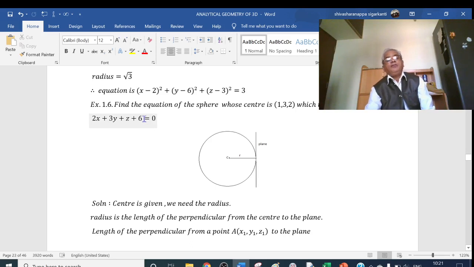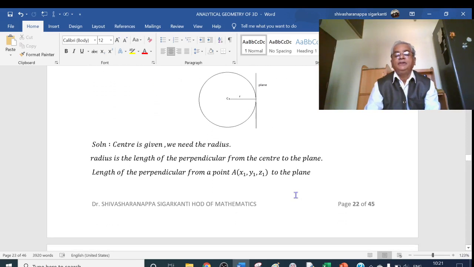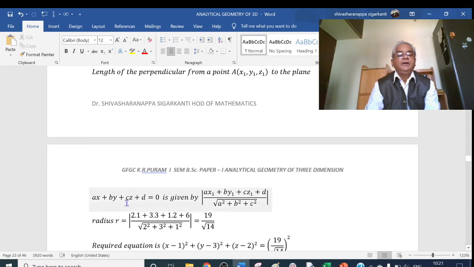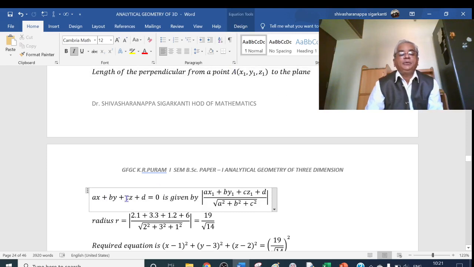And we have the formula for finding the length of the perpendicular from a point (x1, y1, z1) to the plane ax plus by plus cz plus d equal to 0. The length of the perpendicular from this point to the plane is given by the modulus of (ax1 plus by1 plus cz1 plus d) divided by root of (a squared plus b squared plus c squared).